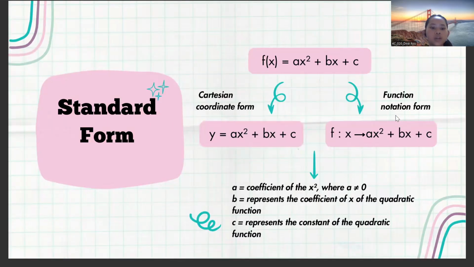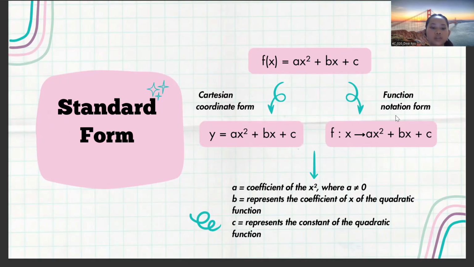Now, let's look at the general form of quadratic function. A quadratic function can be written as f(x) equals ax squared plus bx plus c, where a is not equal to 0. In this equation, a is the coefficient of x squared, b is the coefficient of x, and c is the constant term.